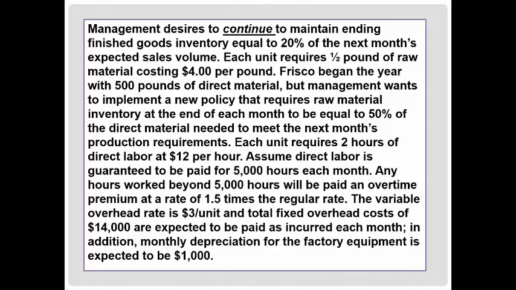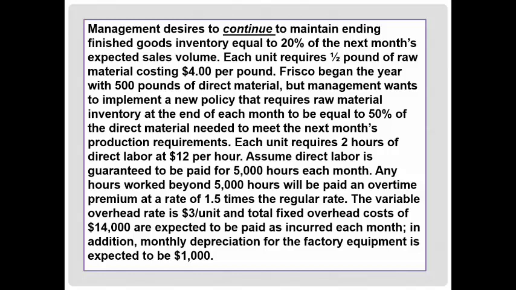Frisco began the year with 500 pounds of material, but management wants to implement a new policy that requires raw material inventory at the end of each month to be equal to 50% of the direct material needed to meet the next month's production requirements. Each unit requires 2 hours of direct labor at $12 per hour. Assume direct labor is guaranteed to be paid 5,000 hours each month.